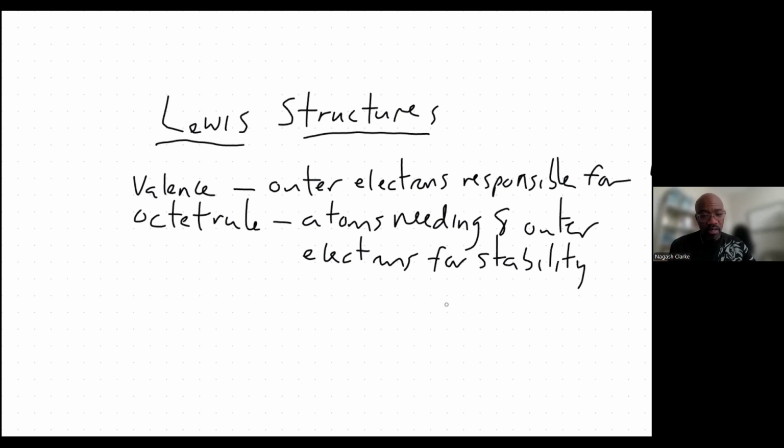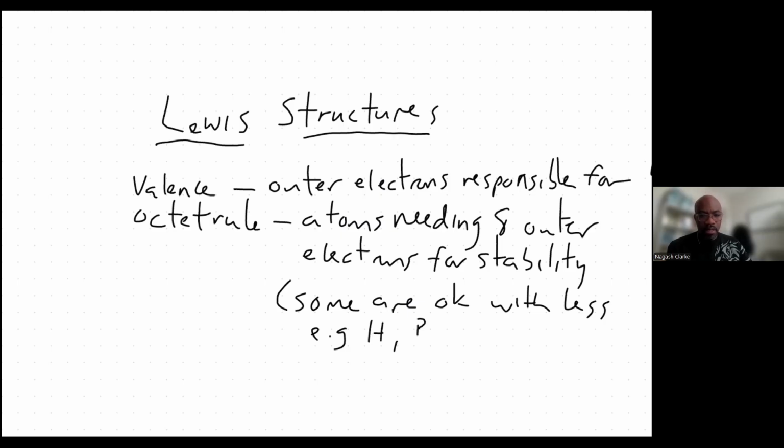Some are okay with less. Example, H, boron, etc. So your period 2 elements can never have more than 8.